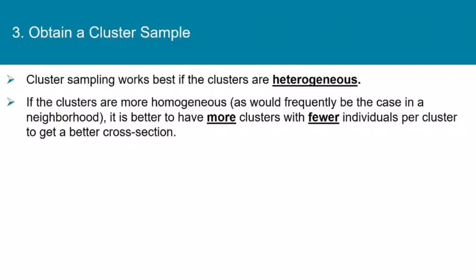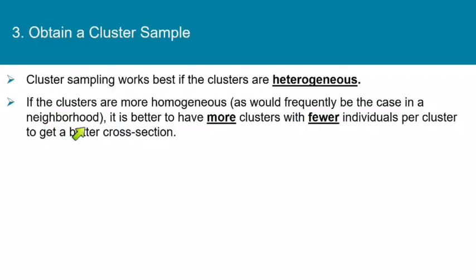So you may have a neighborhood where all of the people who live there are older couples, or you may have a neighborhood where all of the people who live there are younger couples, and certainly they're separated economically. So you're going to have neighborhoods with nice houses where lots of wealthy people live, and you're going to have neighborhoods with more average houses where lots of lower income people live. So we would kind of like to think that neighborhoods are heterogeneous, but they may be in reality a little more homogeneous than we would want for a cluster sample.